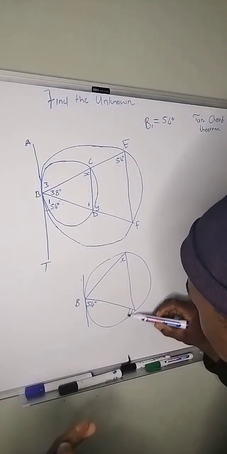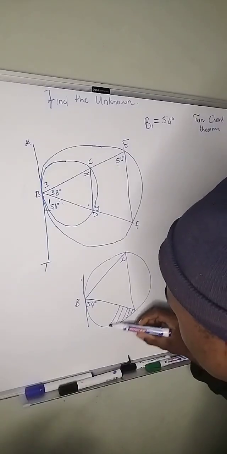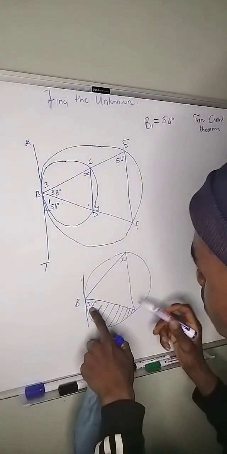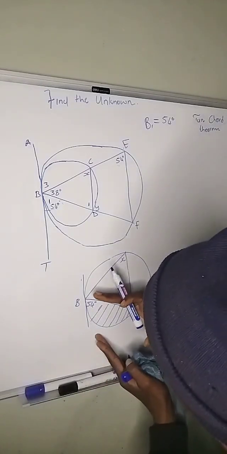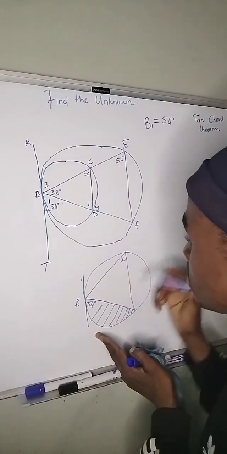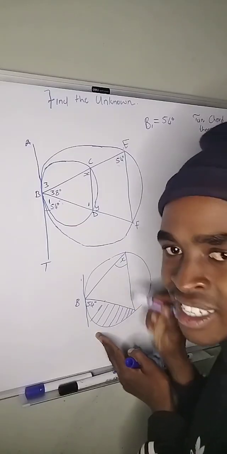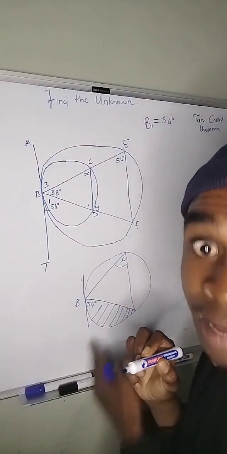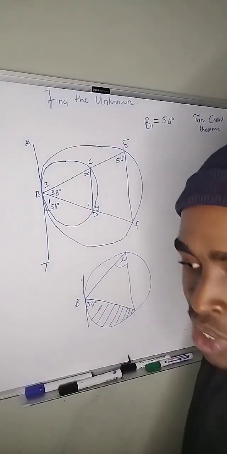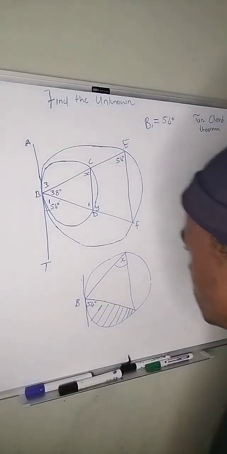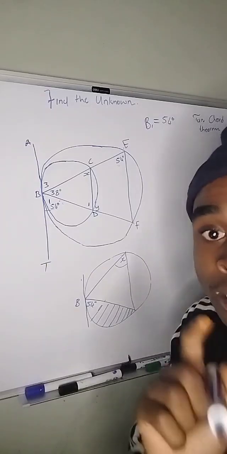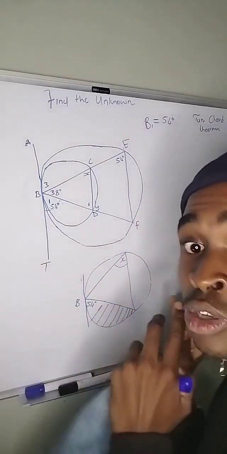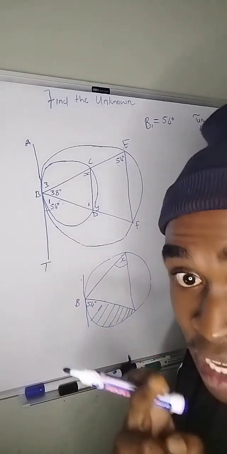So do you see how we see the tan chord? Look, this is the segment. Do you see this 54 is on the minor segment? And on the major segment, we have x. Do you see how you apply the tan chord theorem? Some people, they will surprise you. I want to clarify this, but firstly, let's finish this question and I will come back and talk about the problems that people are making.